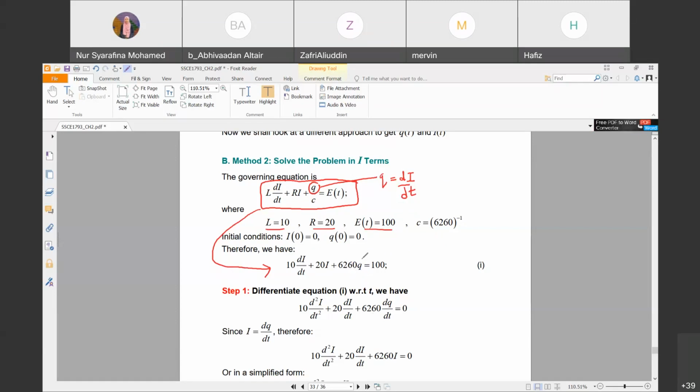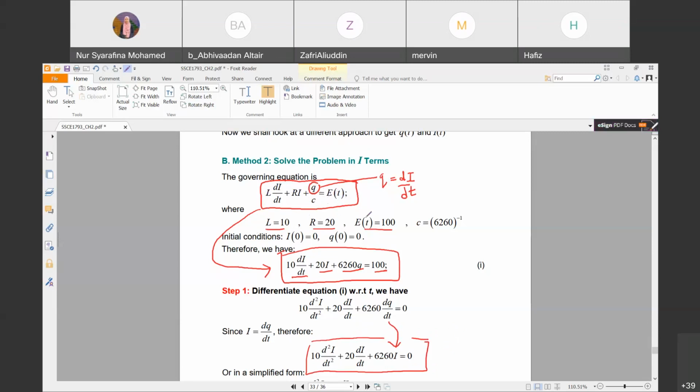So in order to standardize the equation, we should differentiate all of them. Differentiate this, and it will give you d squared I/dt squared. Differentiate I, you get dI/dt. Differentiate Q, it is dq/dt, where dq/dt is I. So now it is simplified to this. Initially it is L dI/dt plus RI plus Q over C equals E(t).